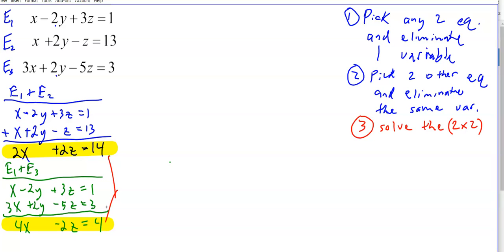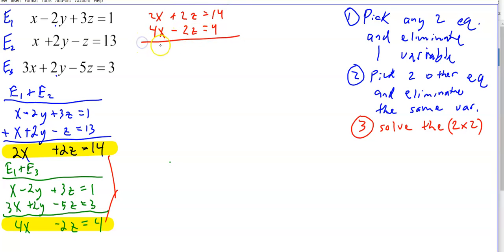So I'm going to multiply the first one by, we can just add them, right? Because the z's will go away. I was going to multiply the first one by negative 2 and get rid of the x. But if we just add those up, I get 2x plus 2z equals 14, and 4x minus 2z equals 4.